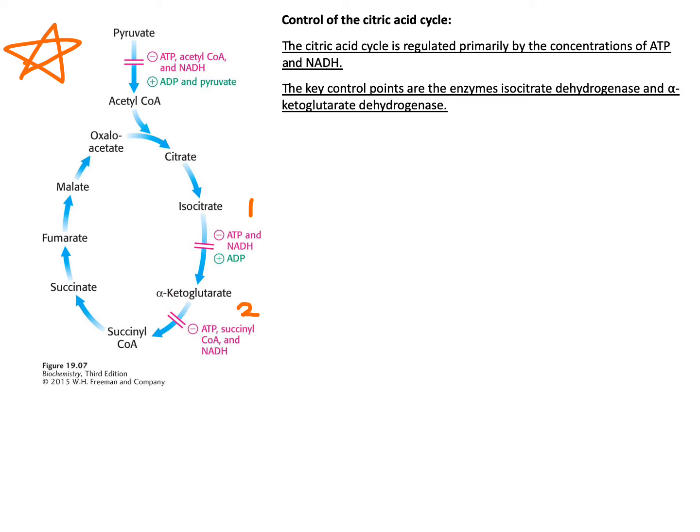The other one is from alpha-ketoglutarate to succinyl-CoA. Both control points are inhibited by ATP and NADH, which means when the body has high ATP, when ATP is not needed, then the citric acid cycle will be inhibited, will be reduced.